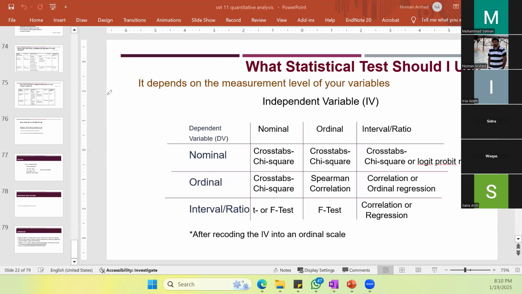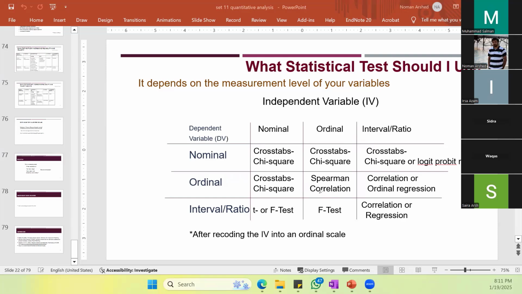And then there is ordinal versus nominal: same chi-square, cross tabs. If the dependent is nominal and the independent is interval data: cross tabs, or logit or probit. If the dependent is ordinal: cross tabs. If both are ordinal: Spearman correlation. Here you see the evolution of correlation.